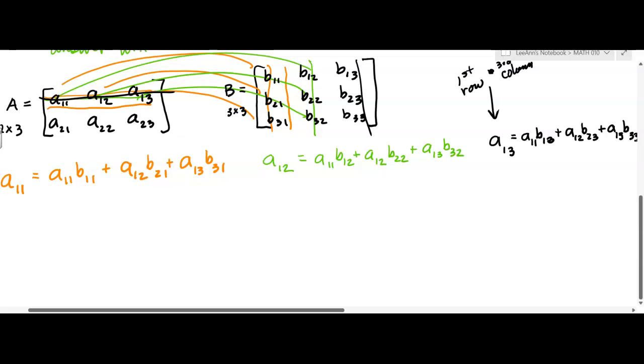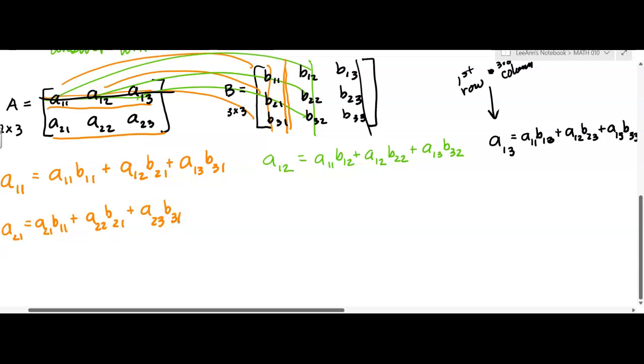Now we have to do the second row. But we're going to do the same thing. So we're going to say, what is the second row times the first column? So that's going to be A21 times B11 plus A22 times B21 plus, trying to make it a little bit smaller, A23 times B31.